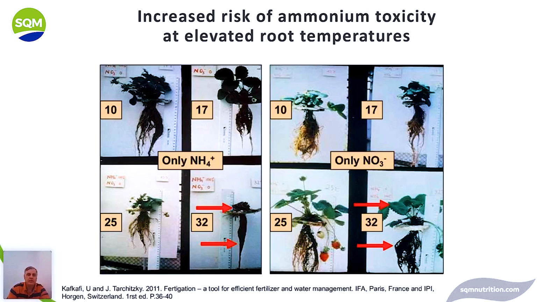We have the temperatures, the numbers 10, 17, 25, and 32, that is the temperature at the root zone, but the temperature is in Celsius degrees, not in Fahrenheit, so for you in the United States, you need to do the conversion. So this is not Fahrenheit, it's Celsius degrees, but that's the temperature at the root zone.